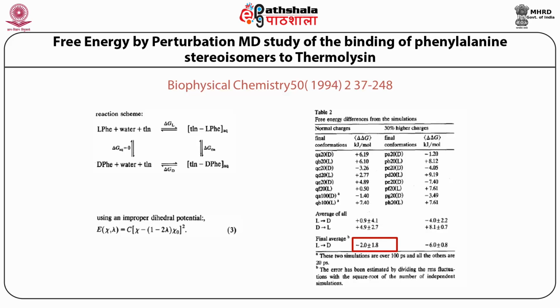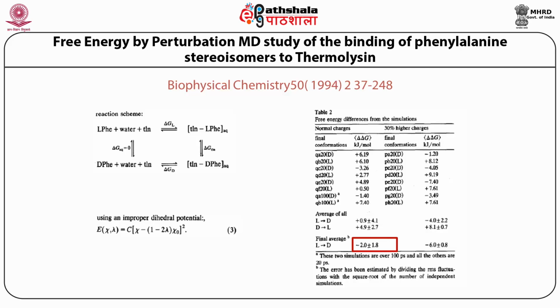And we yielded the result for the difference of free energy of binding between L-phenylalanine and D-phenylalanine. D-phenylalanine is preferred by around 2.0 kilocalories per mole, and we actually calculated the values shown here with a small amount of trajectories, and got values also of minus 2.